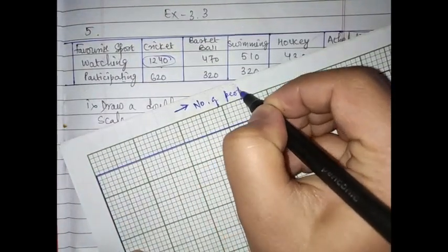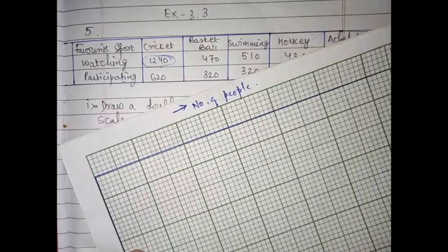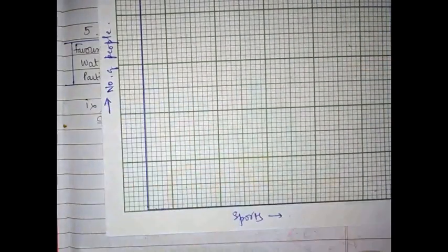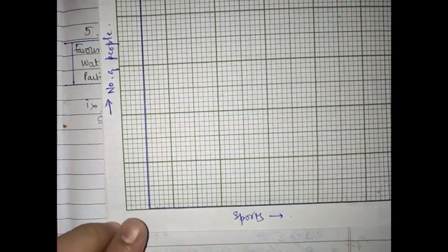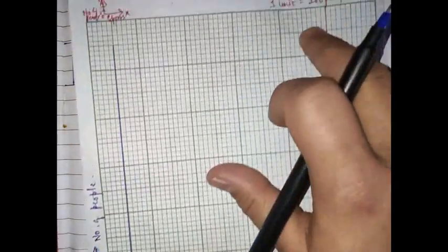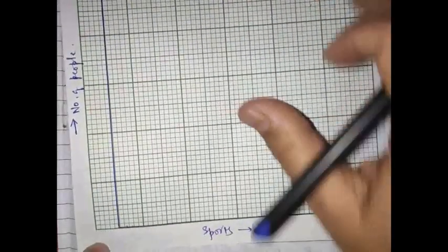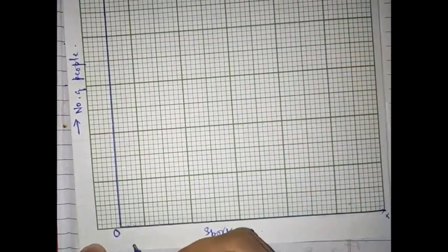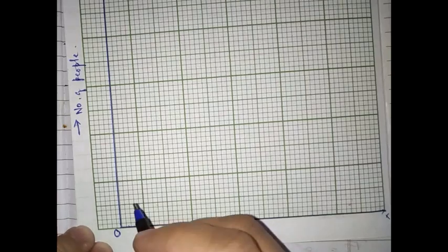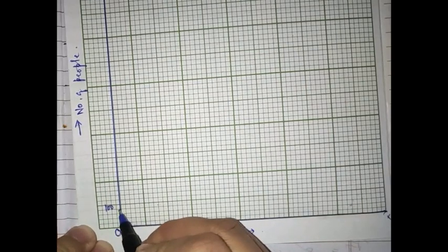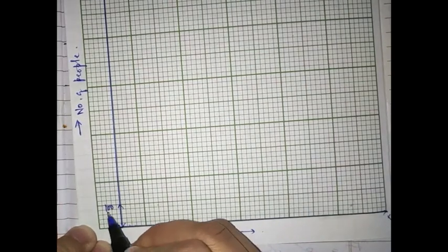The basic idea of how to do this I explained yesterday. 1 unit will equal 100 people. Remember, always start from 0. 0 to 100, that is 1 unit, will represent 100 people.